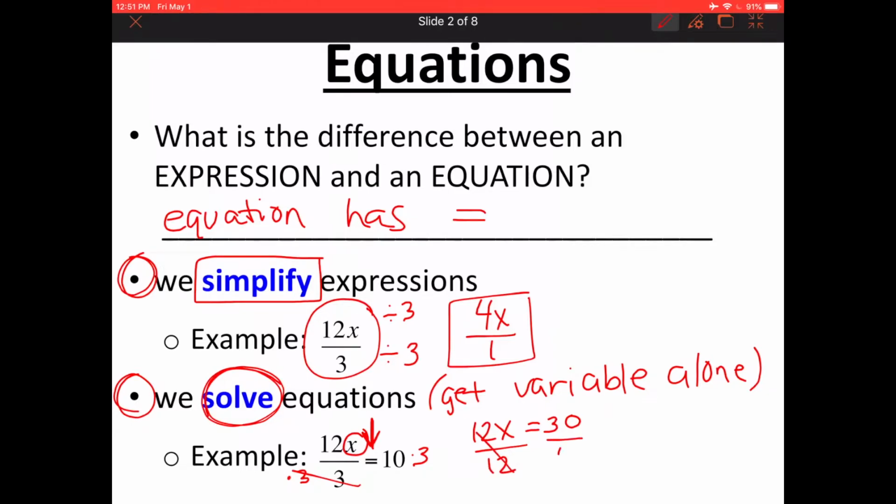And then I would divide both sides by 12. All right? And so notice my final answer is going to be x equals 2.5. Okay? So simplifying expressions looks like this. Solving equations have an actual traditional answer where you tell me x equals something.